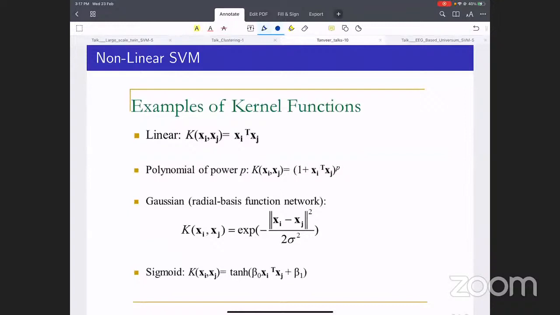But what we see in the literature, especially in the numerical evaluation part, what we observe in general is that the Gaussian kernel function, RBF, performs better in many cases.